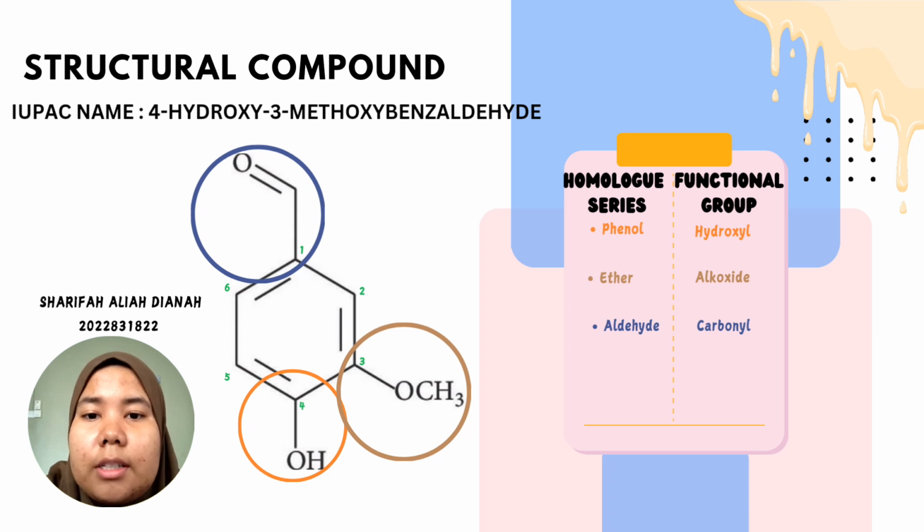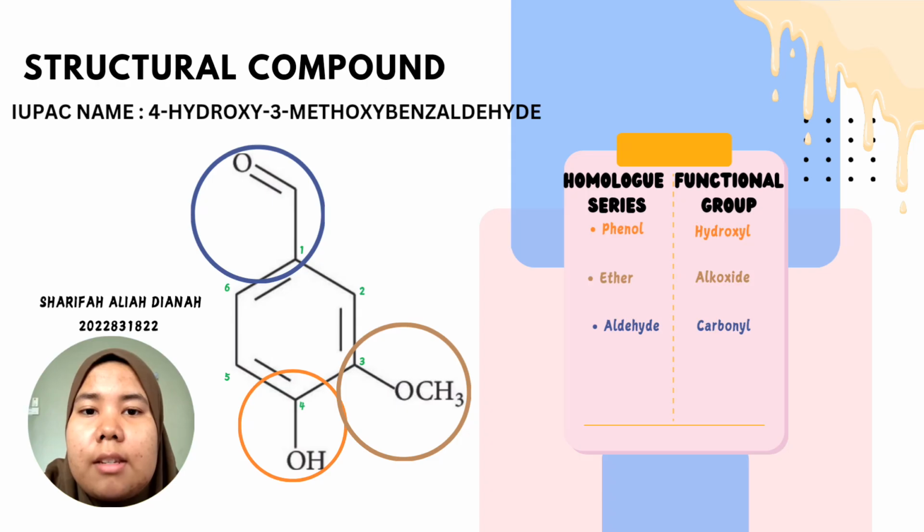On the third carbon, we have OCH3, which means the homologous series is ether and the functional group is alkoxide. And for the fourth carbon, we have OH, which is alcohol and attached to a benzene ring.